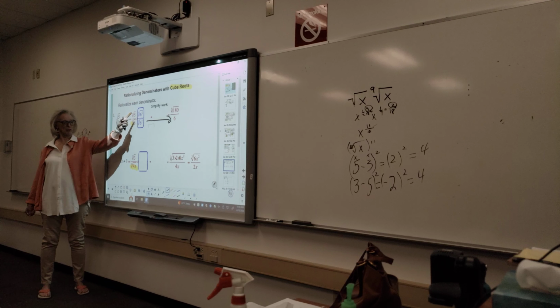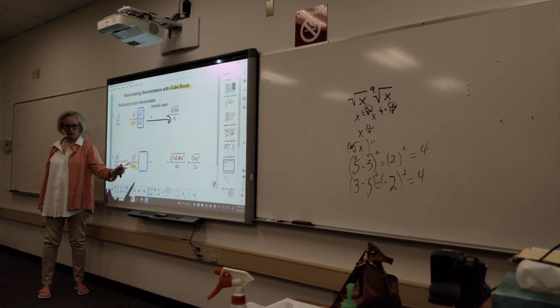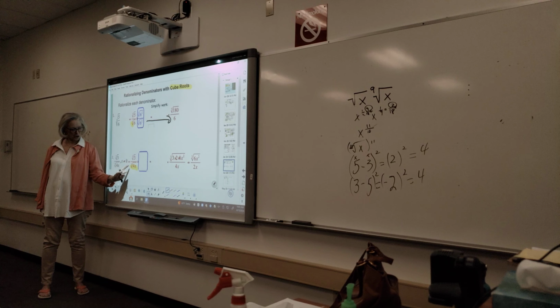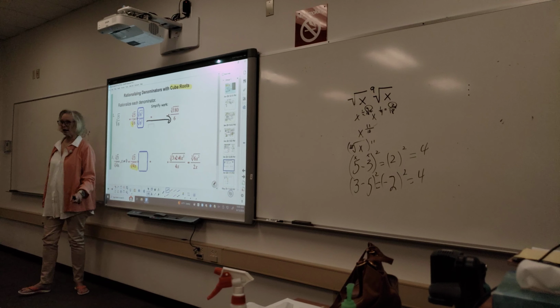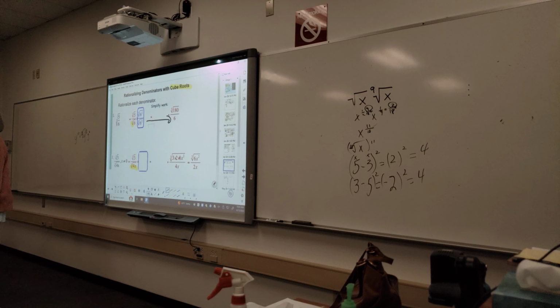What's my form of 1 I need here to get rid of this cube root of 4x? There's 2 possible answers. I'll give you the easy one first. It's going to be a cube root again, right?